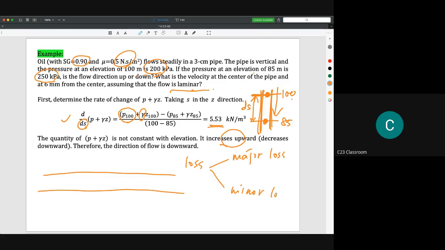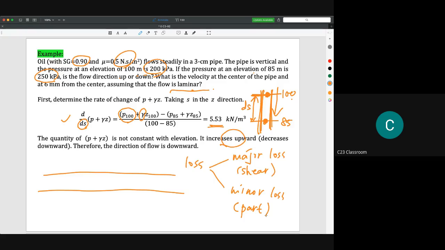Major loss is actually the loss according to the shear stress, meaning the friction. That's why we have that term. Minor loss is the loss of energy because there are a lot of parts in the system.